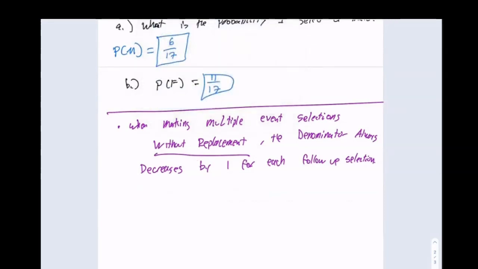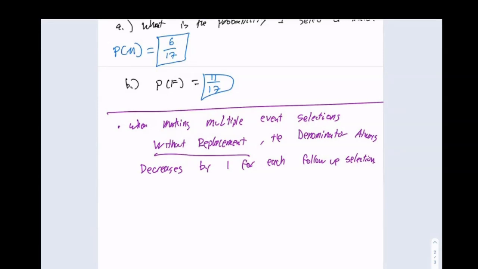So after I've selected my first one, I say, okay, now I want to select another student. How many students are there left now when I make my second selection? I can't pick the same person twice. That's what without replacement means. I selected a student.